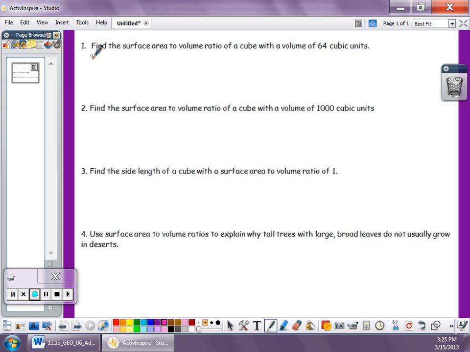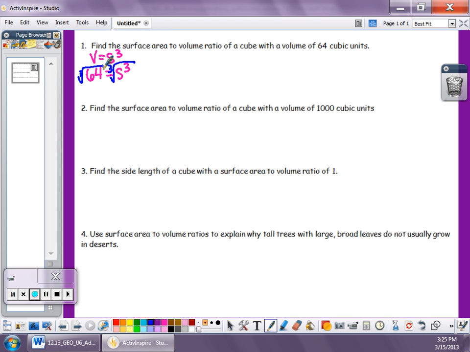So a cube has a volume of side cubed. So my volume is 64 equals S cubed. Get rid of the cube, cube root. Put a 3 there.